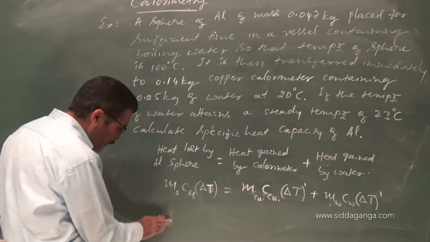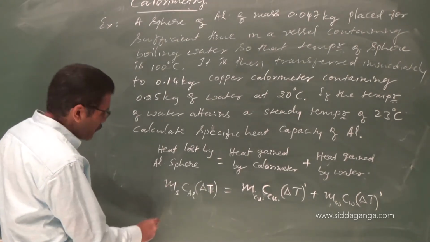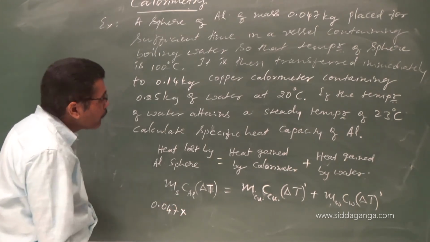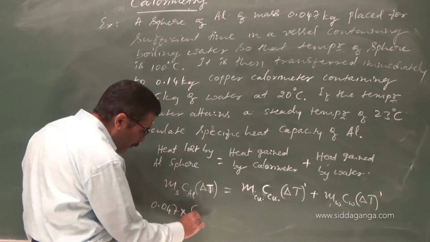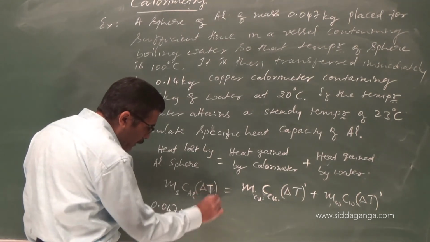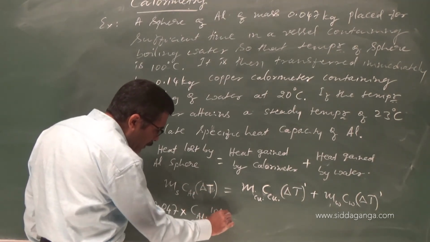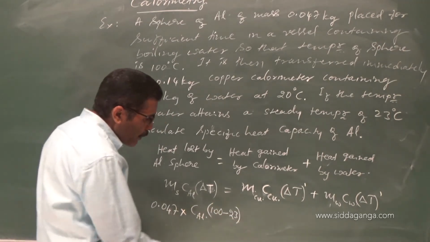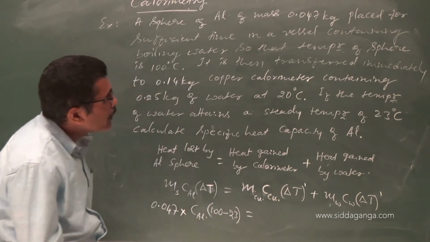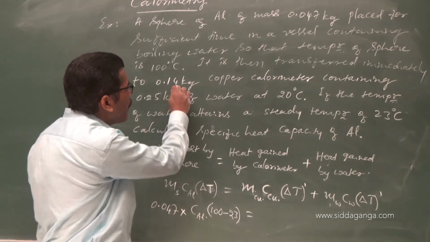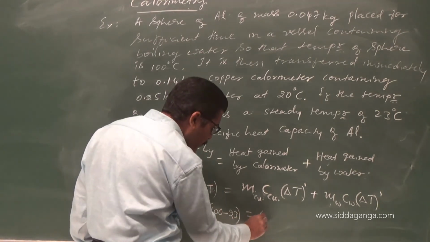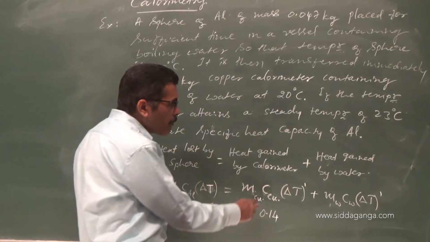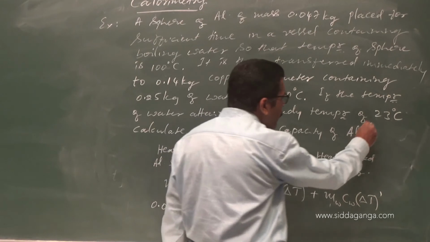See, this is mass of the sphere, 0.047. What is specific capacity of aluminum? You have to calculate this. Delta T is initial temperature 100 degrees, final is 23 degrees. What is mass of copper? Mass of copper is 0.14 kg. Specific capacity of copper is usually given.